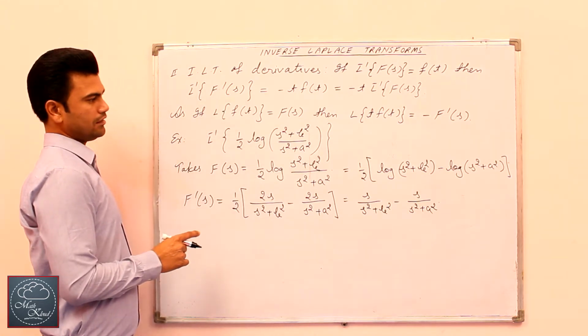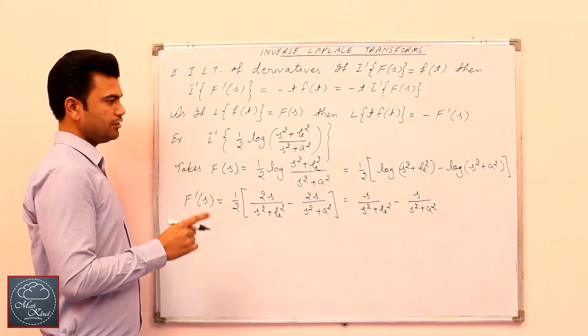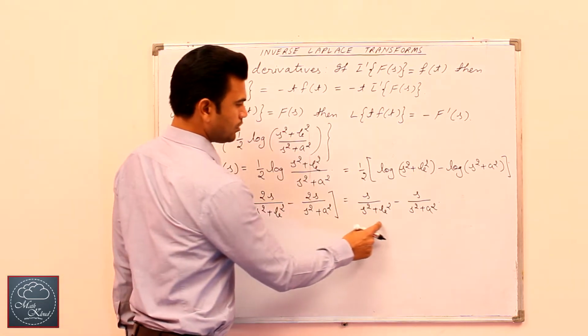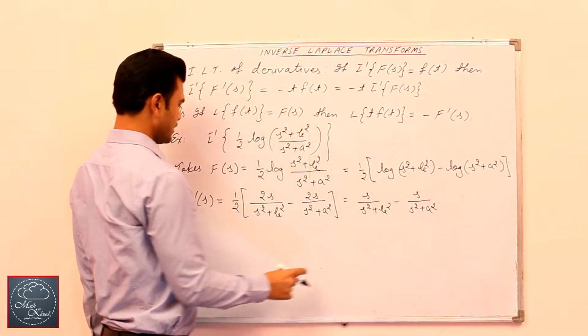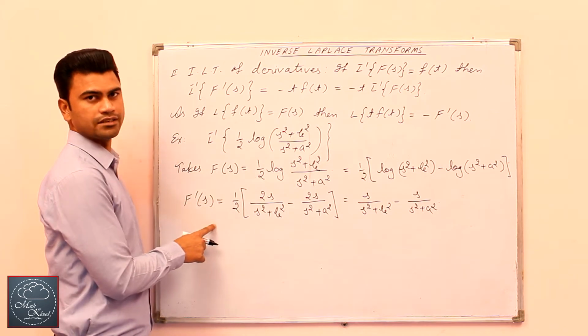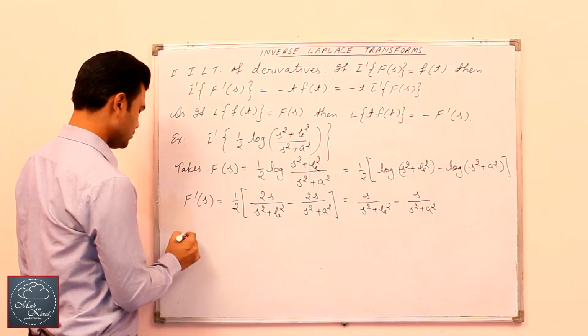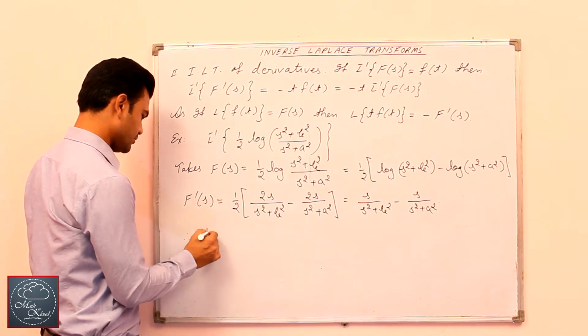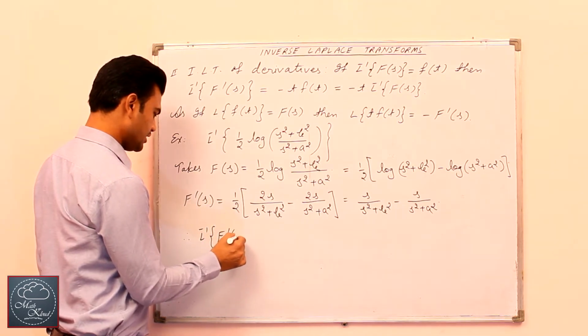Now you note that you can easily find the inverse Laplace transform of this function, which is the derivative of F(s), because you know the inverse Laplace transform of these functions.